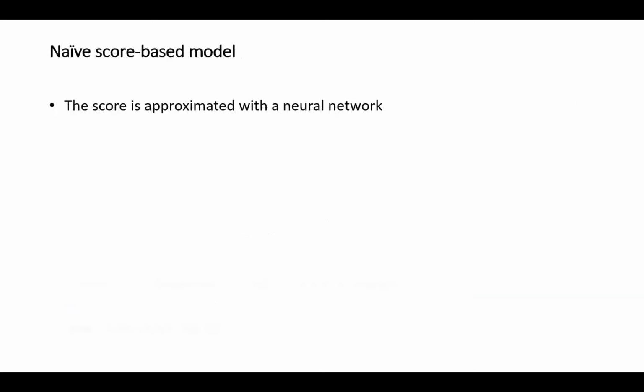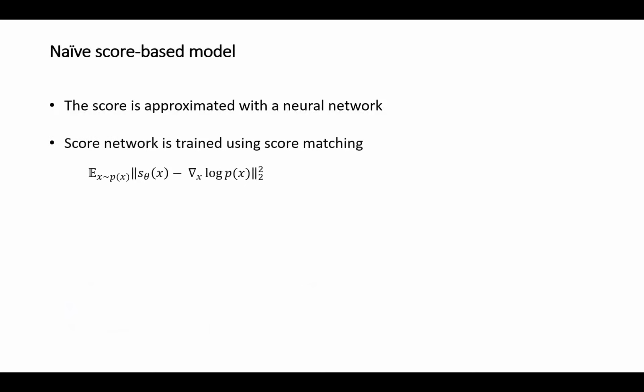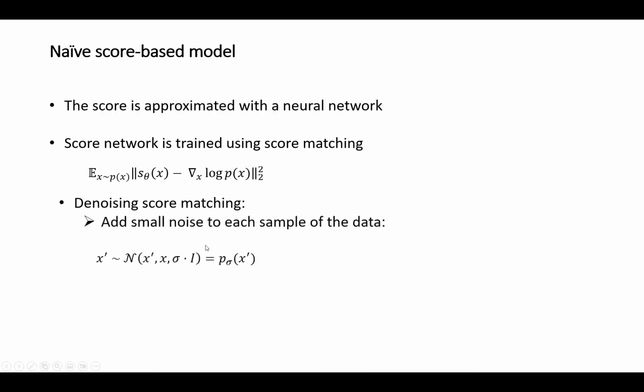Okay, so now the score is approximated with a neural network. We're going to train a neural network which will give us the score function s theta. Whenever you see theta in this, it means it's a neural network. But the ground truth is what we want to estimate, so we'll minimize this error. This is denoising score matching.